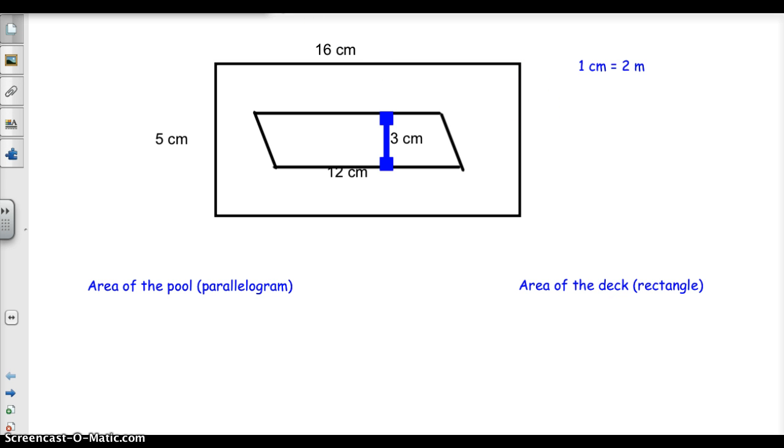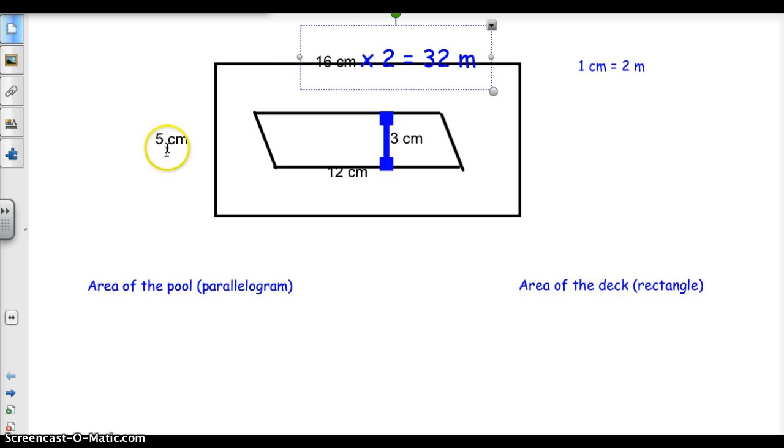So I'm going to grab a blue one. I'm going to see 16 centimeters times 2 equals 32 meters.